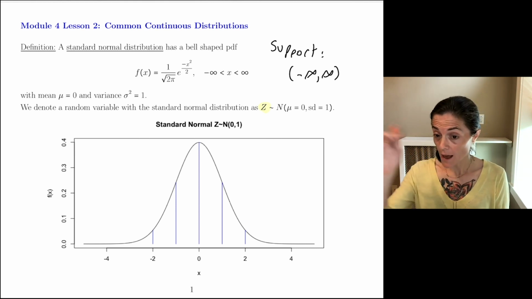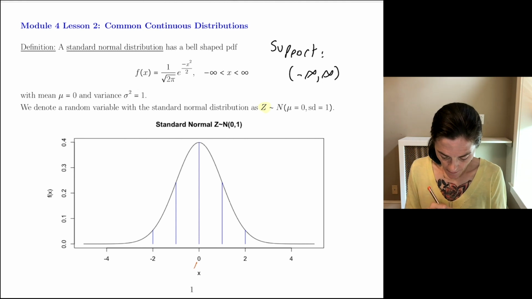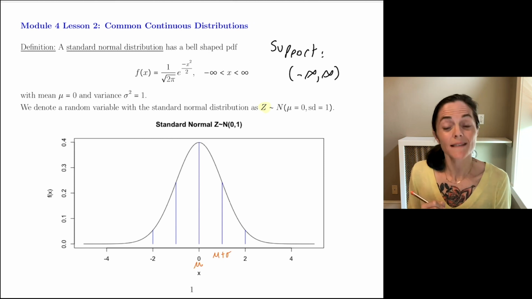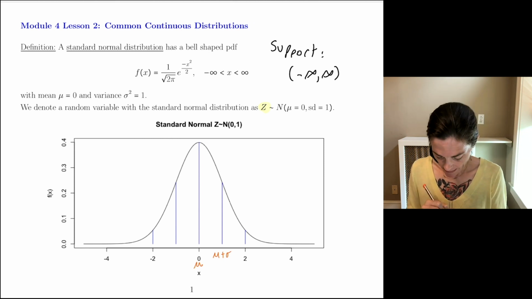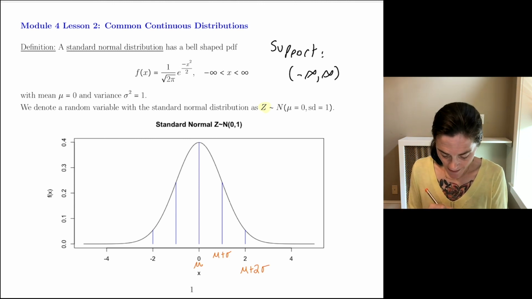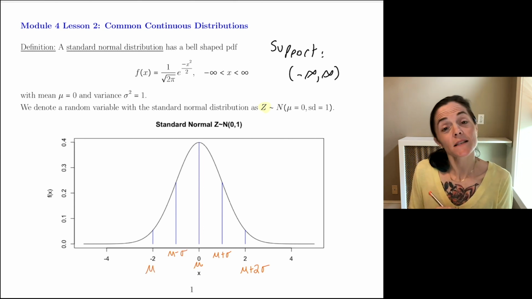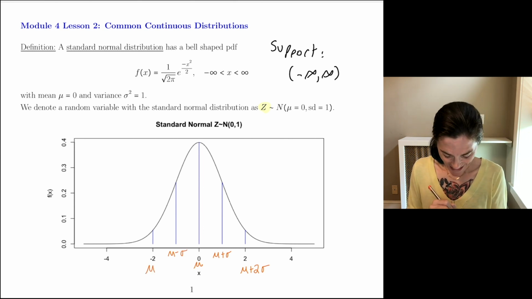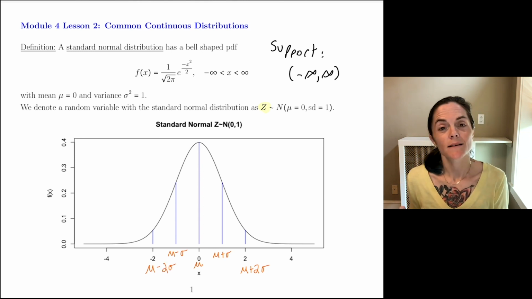My vertical lines, here's the mean, and here's the mean plus 1 standard deviation. And here at x equals 2 is the mean plus 2 standard deviations. At x equals minus 1, it's the mean minus 1 standard deviation. And this vertical line I have included in my picture is the mean minus 2 standard deviations.